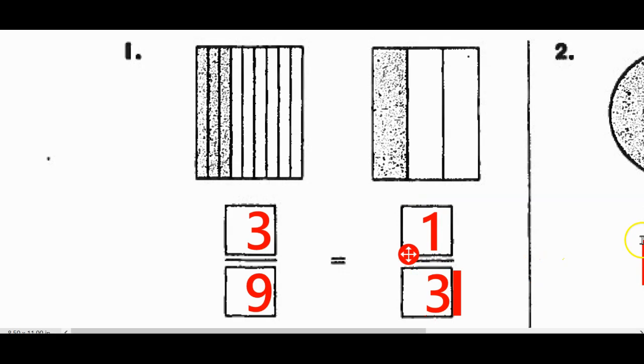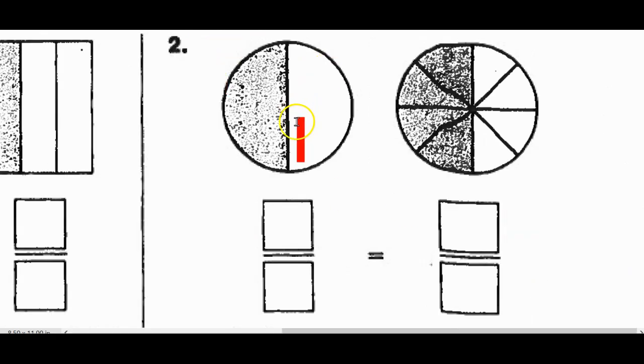And actually, it is right. That's equal. So we just did the first one. All right. How about number 2? You tell me what I need to do. 1/2, right? So 1 shaded in out of 2. How about the next one? 4 eighths. 4 shaded in out of 8.